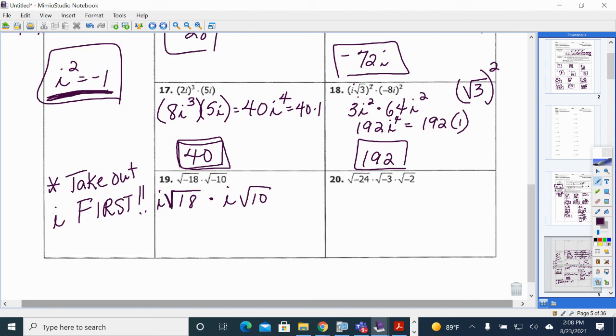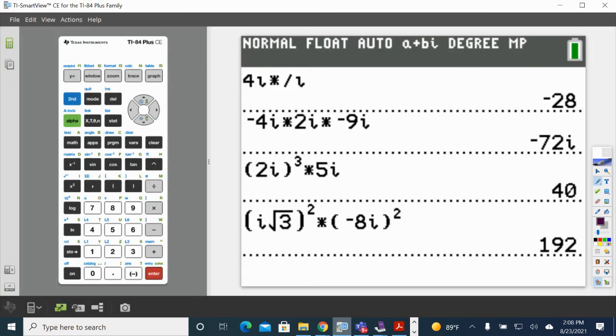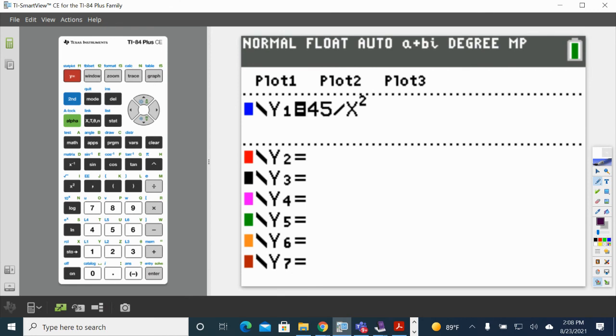Then what we can do is multiply the outside parts. i times i is i squared. And multiply the inside parts. 18 times 10 is 180. Now, a little bit ago, I said, remember that i squared is equal to negative 1. So this is negative 1 times, we're going to simplify the square root of 180.